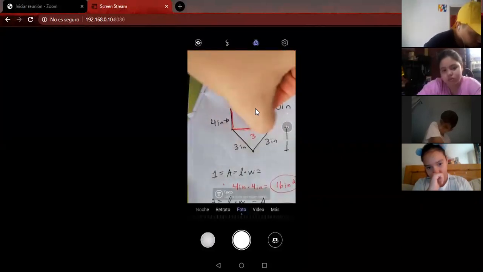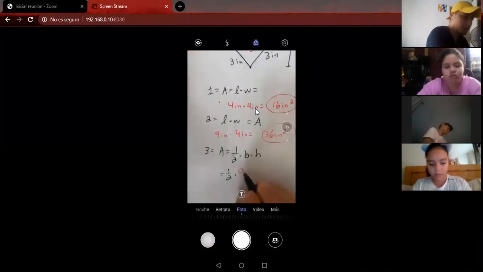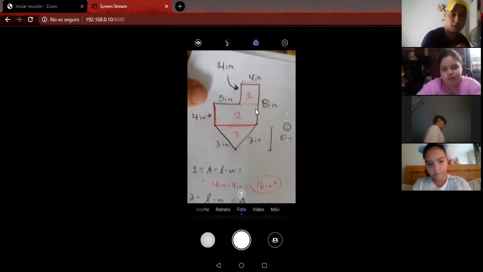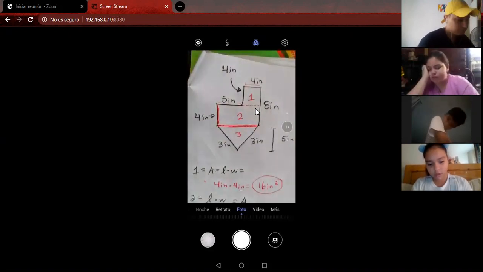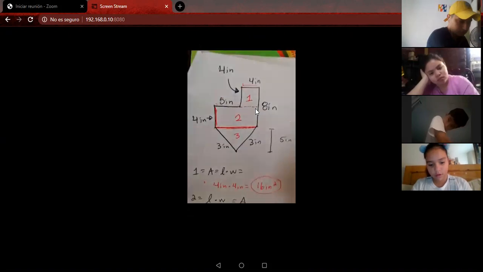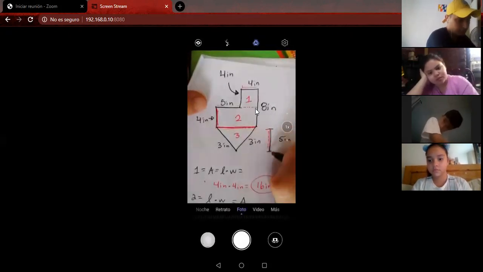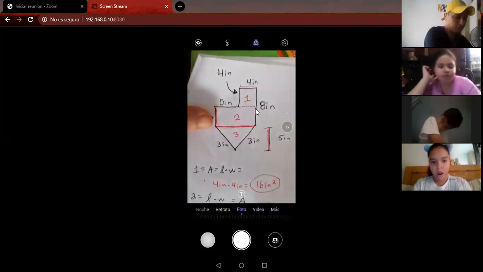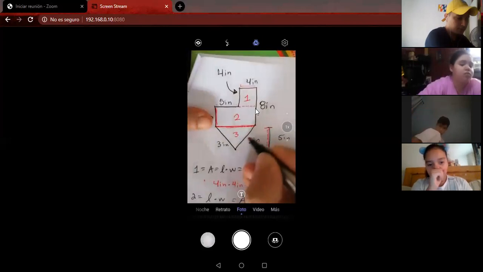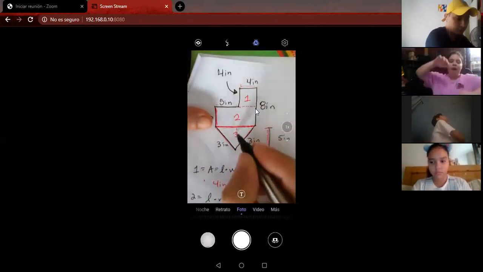Ya habíamos dicho. 9 again. Yes, it's 9 inches. And how much is my height of a triangle? No, look. Por qué puse esto acá, miren. 5 inches. Recuerden, estas medidas de acá no es el height, niños. ¿Ok? Es todo esto, ¿eh?